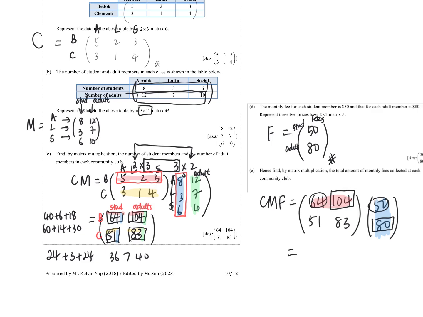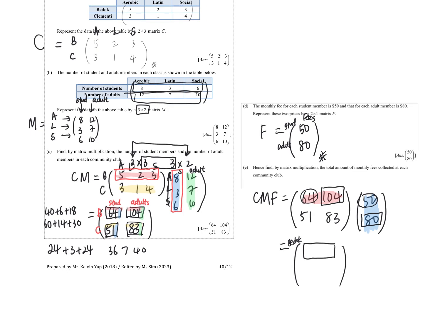So when you are finding the first entry, you are finding for Bedok CC how much fee they have collected all together. So from the answer there, it's 11520. Then for Clementi, you do a horizontal times vertical. Okay, it says it's 9190.